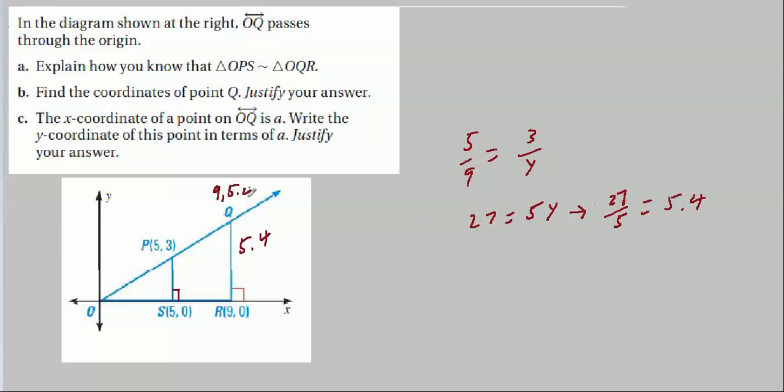And that's because we started down here at the x-axis where our y coordinate was 0. If our y coordinates weren't 0 along here, we'd have more arithmetic to do, but it would still be doable. So coordinates for Q are 9, 5.4, or 27 over 5.